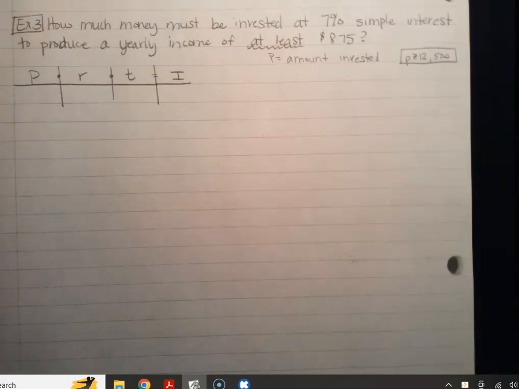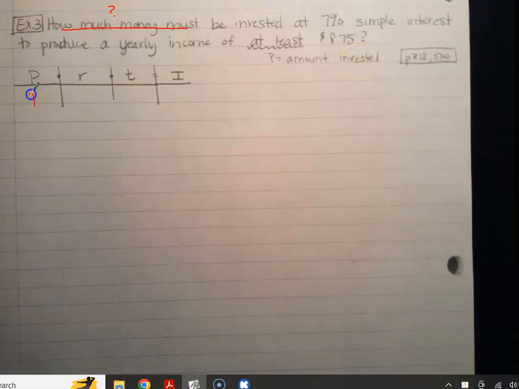Okay. So this goes back to that formula, principal times rate times time equals interest. So let's go through here and set it up. How much money? That's the thing we don't know, so that's where we're going to put our variable. And down here, P equals the amount invested.